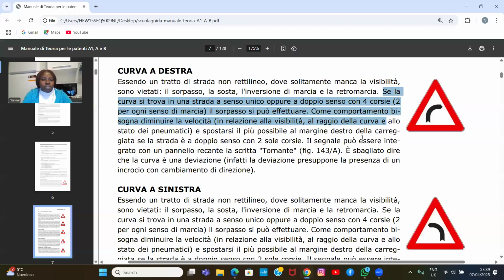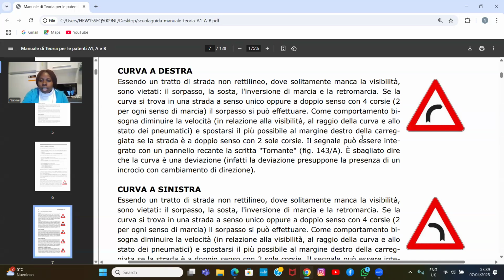Just like the previous classes, we are still treating the topic Segnali di Pericolo. Right now, I'm going to be sharing my screen, taking you into the signs for today's class. Today we're going to be looking at two signs, curva a destra and curva a sinistra.